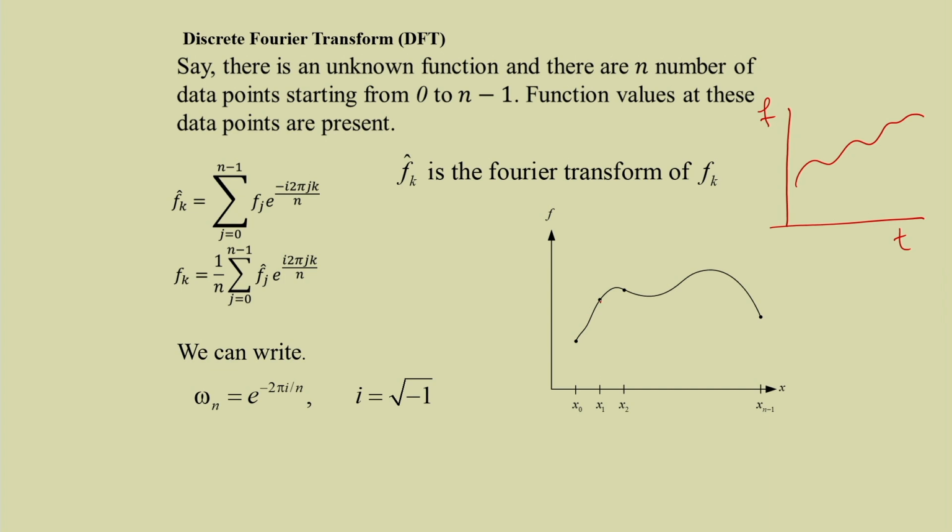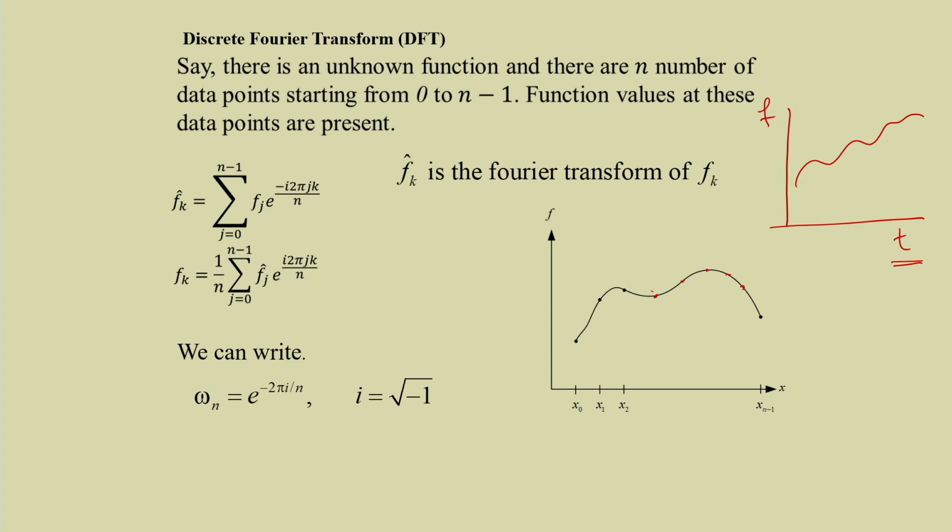For example, these are the discrete points at which we have evaluated the functional value of the system. At x0 this is the value, x1 this is the value, x2 this is the value. This x0, x1, x2 may be similar to time t, or it may be the number of iterations at which you are noting down or sampling the response.